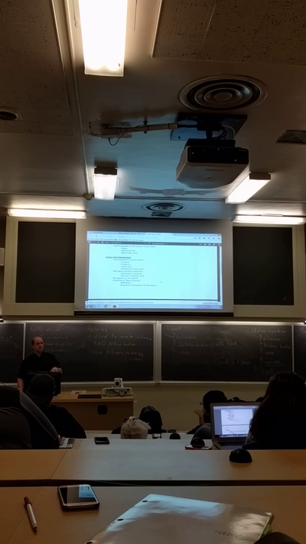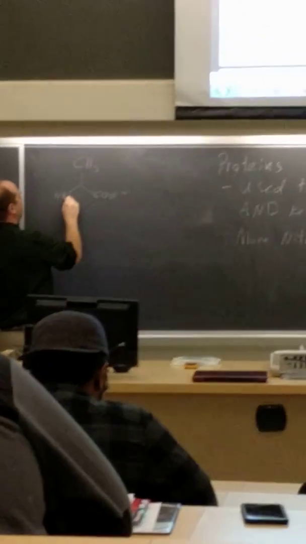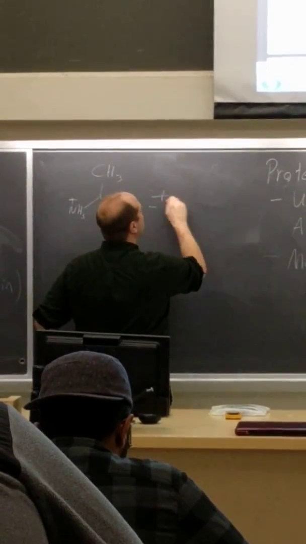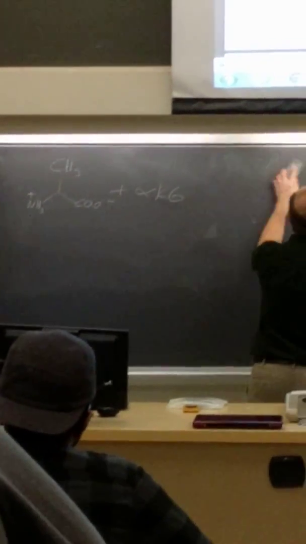Well, that was alanine. It varies from amino acid to amino acid. So I showed for alanine, we draw it out. This is alanine, that's 3 carbons. I'll just write alpha ketoglutarate.